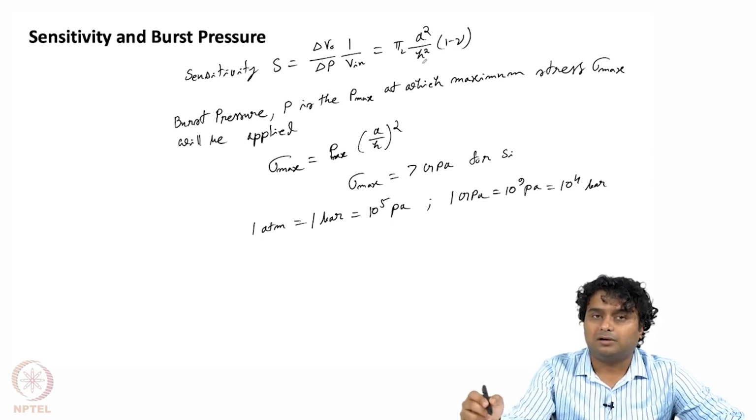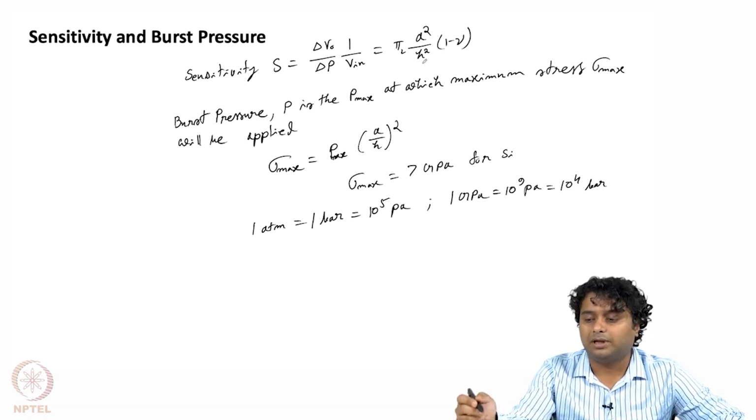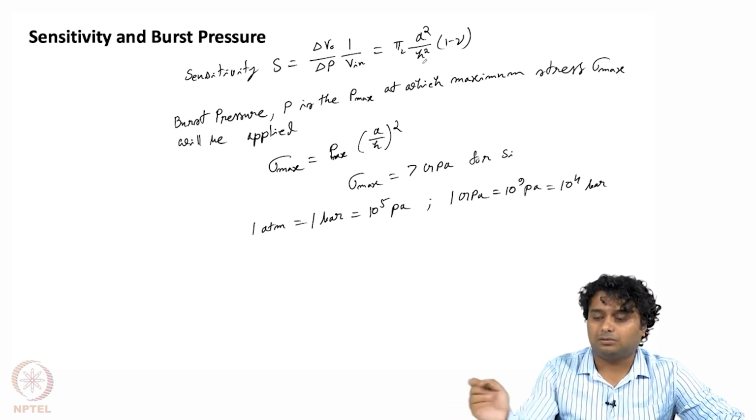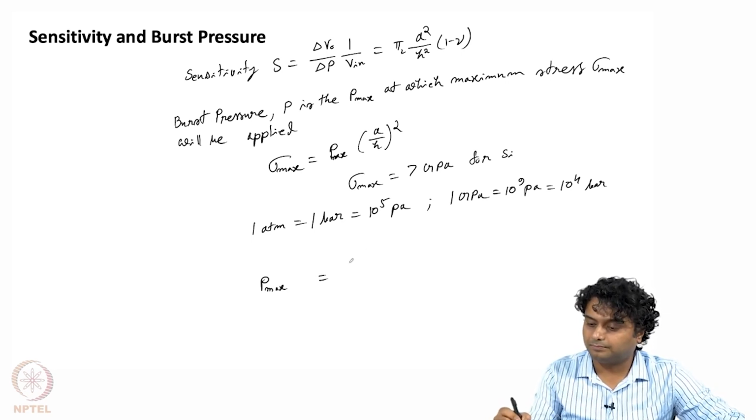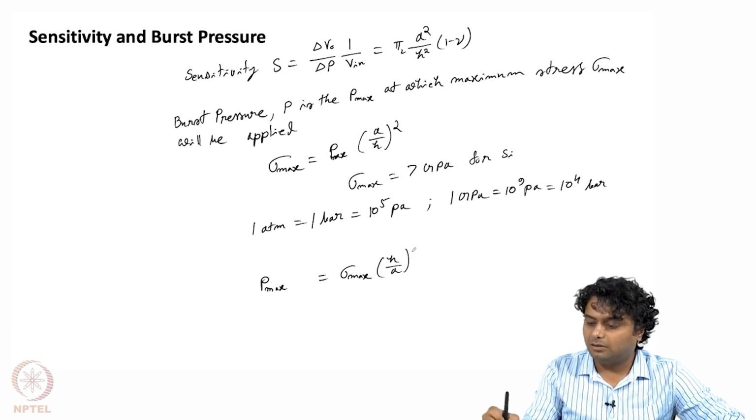So it is a trade-off we need to make: how thin we can make it so that we have a significant amount of sensitivity without making the membrane get damaged. So here you see P max is equal to sigma max into (H by A) whole square.